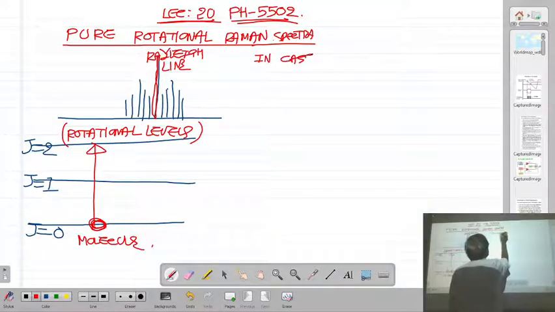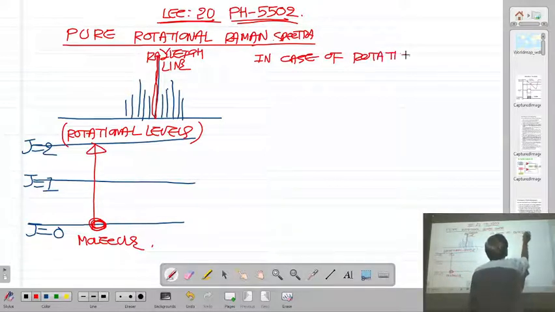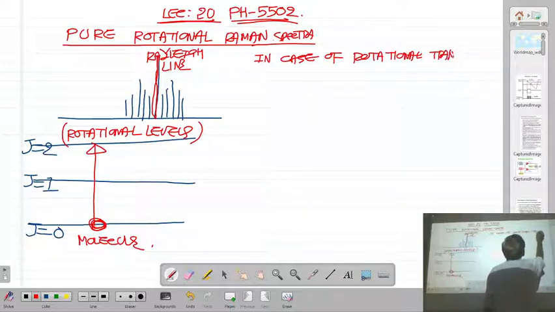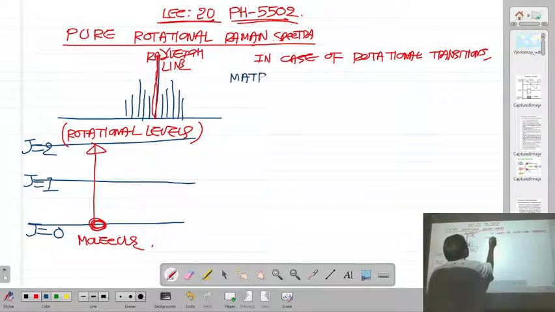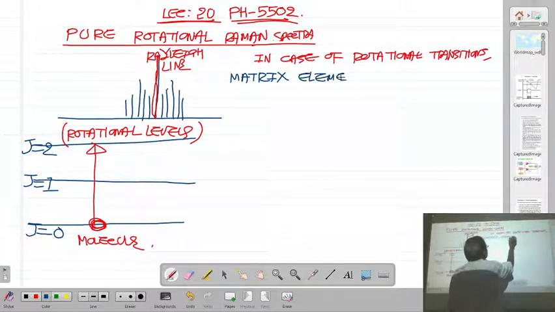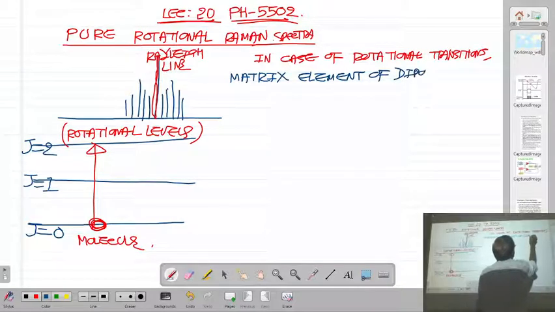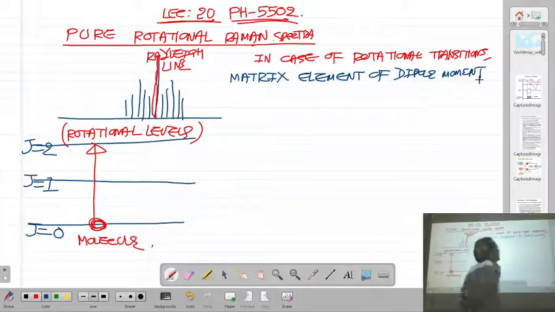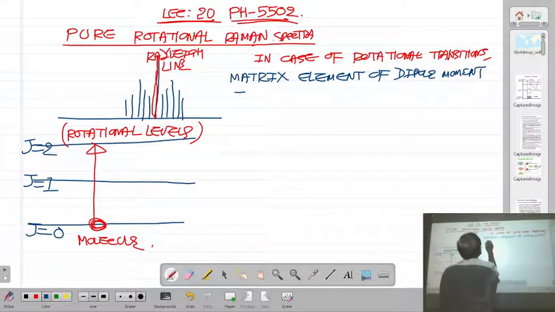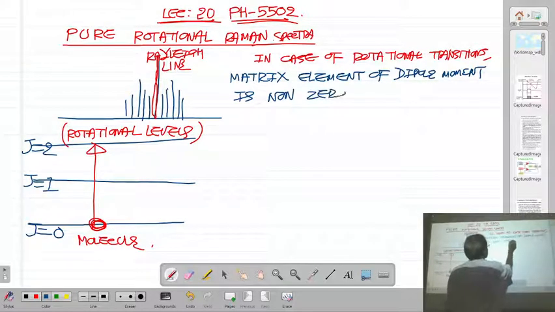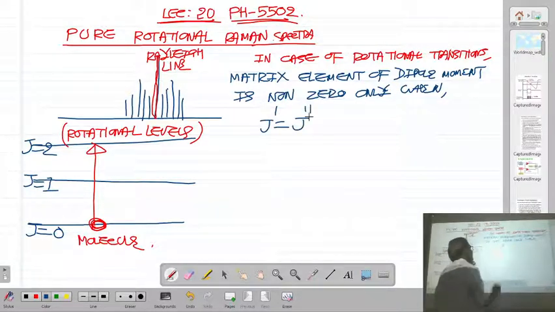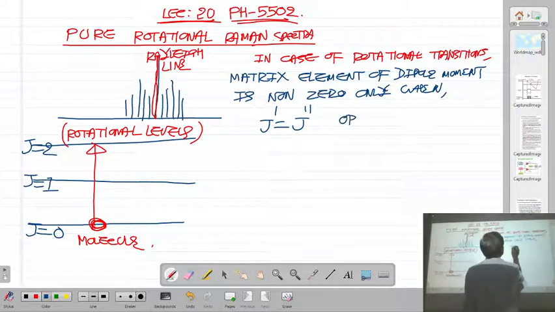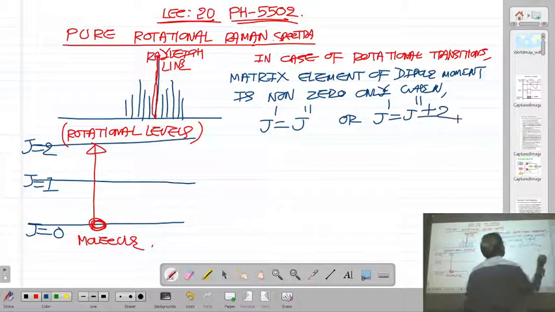In case of rotational transitions, the matrix element of dipole moment, you can say the matrix element of induced dipole moment, is non-zero only when J' is equal to J'', or J' is equal to J'' plus or minus 2, right?